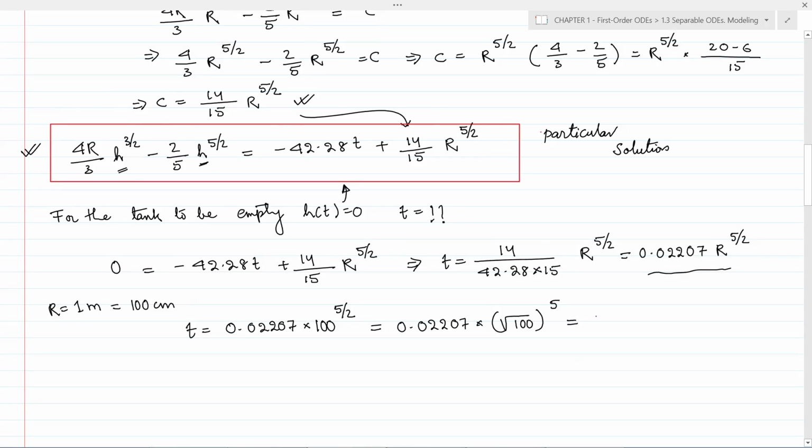So, this is equal to 0.02207 multiplied by 10 to the power 5, which is equal to 2207 seconds, and we can convert this into minutes by dividing 2207 by 60, which is equal to 36.78 minutes.